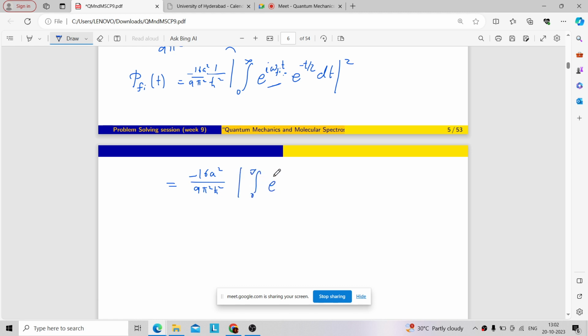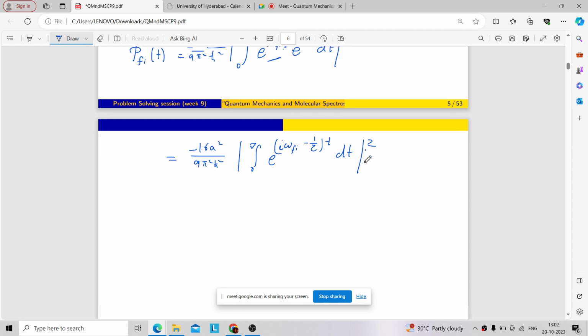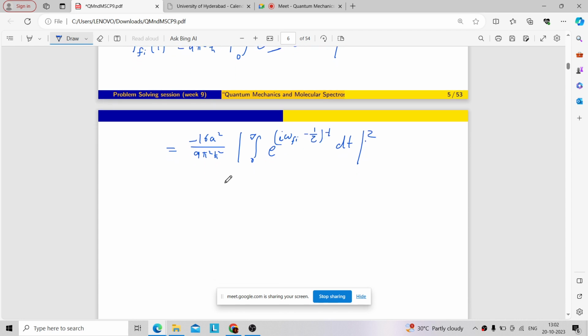What I can do is take t common, so it is omega_fi minus 1 over tau times t, dt, mod squared. Now this integration is with respect to t, so it's pretty straightforward. It's easy to do now.